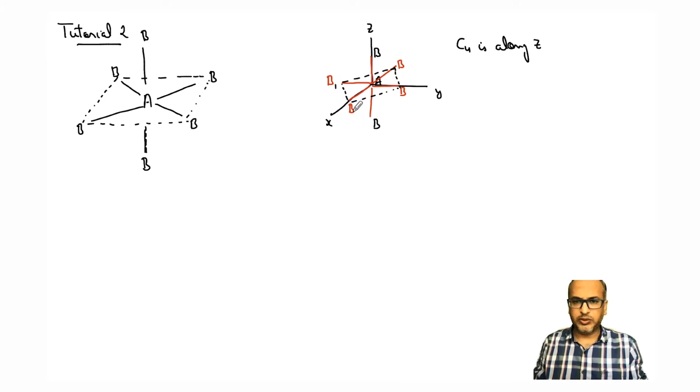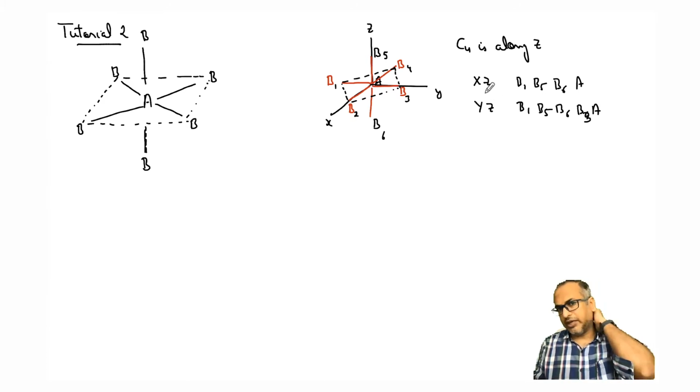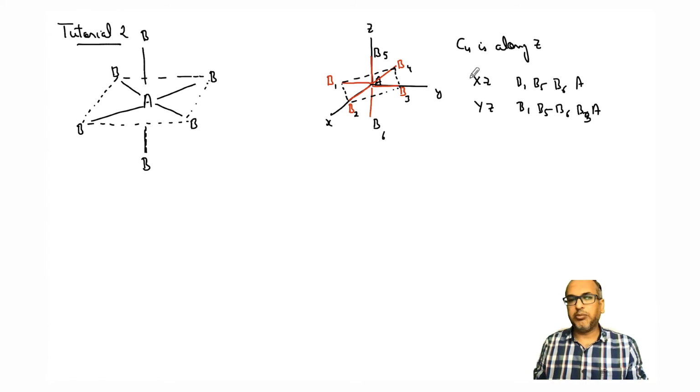If I mark them as 1, 2, 3, 4, 5, 6, my XZ plane contains B1, B5, B6 and A. Similarly, the YZ plane contains B1, B5, B6, B3 and A. So the XZ and YZ planes in this case contain an equal number of atoms, but if there is any confusion, the XZ plane should contain more atoms as compared to the YZ plane if there is a discrepancy here. Okay, so this is rather easier.